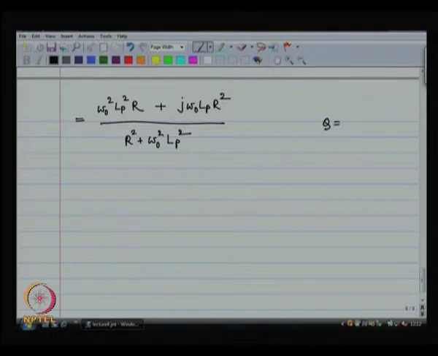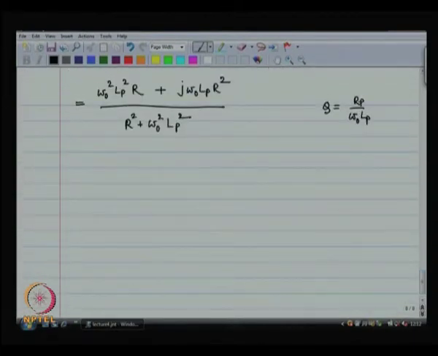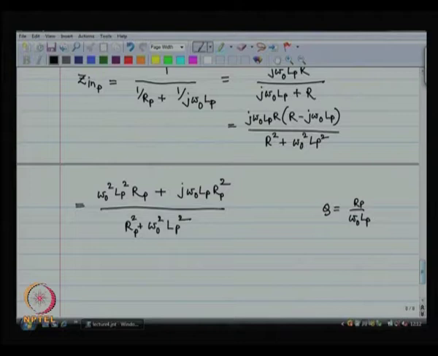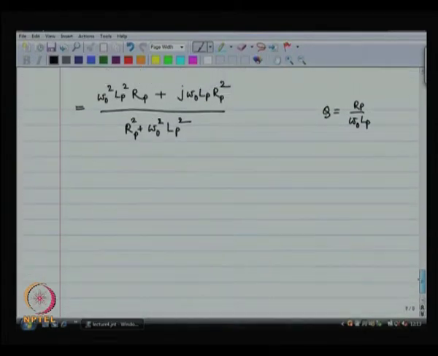Now, notice that Q is equal to Rp by omega 0 Lp from my earlier result.